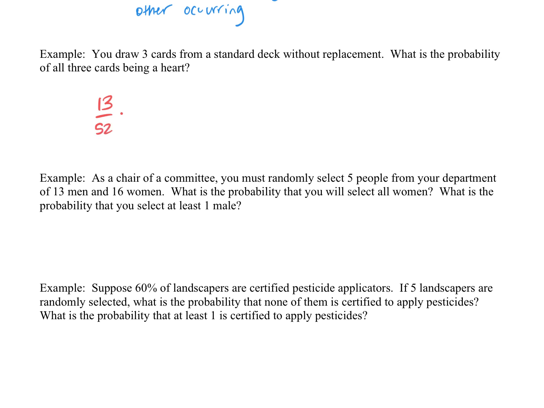If I don't replace that first one, the second card has a probability of 12 out of 51. The third is 11 out of 50.